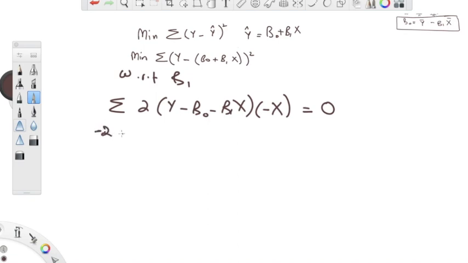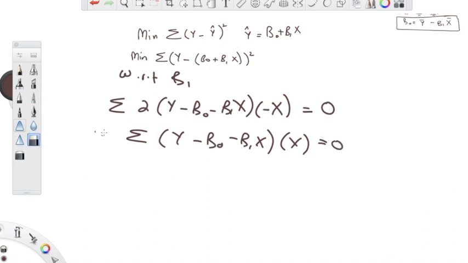Let's take minus 2 out, and you're left with y minus b naught minus b1x times x, and this is equal to 0. Now you can remove the minus 2 out of the equation.